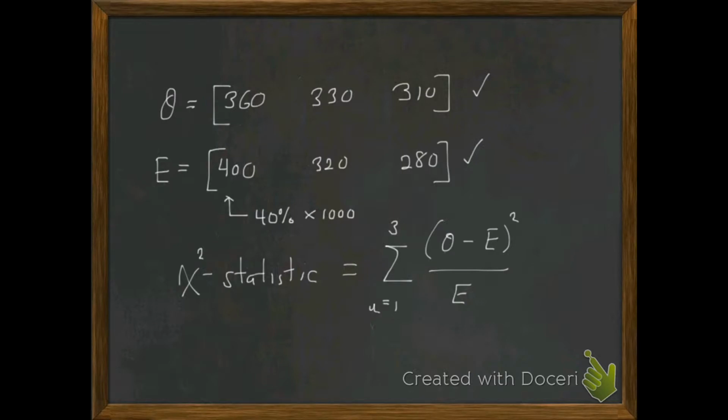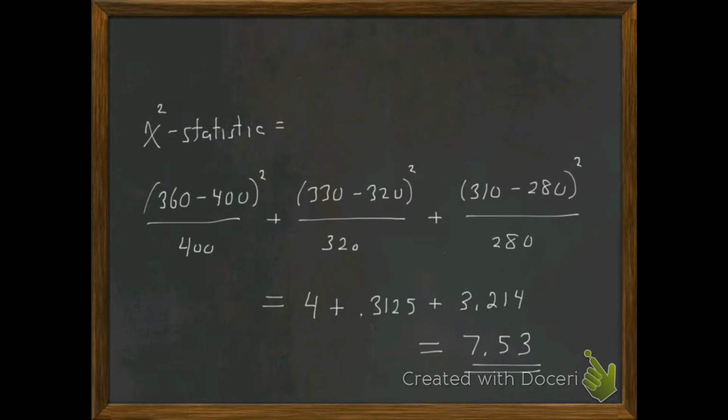Guys, the next thing we do is we calculate the chi-square statistic. We're going to run from 1 to 3, for obvious reasons, 1, 2, 3 groups. And the test statistic is we take the observed minus the expected, squared, divided by the expected. So guys, our chi-square statistic, I've written out each term for you, and I've provided the summary at the bottom.